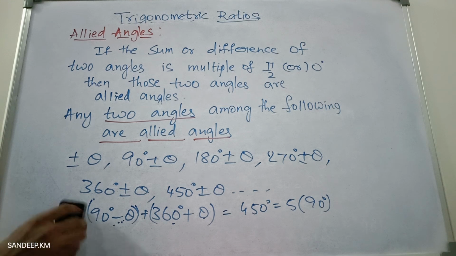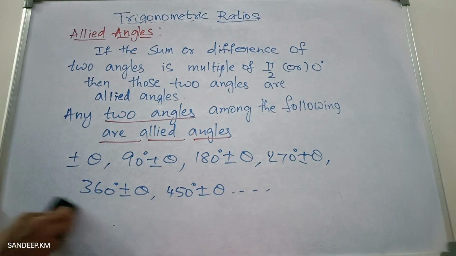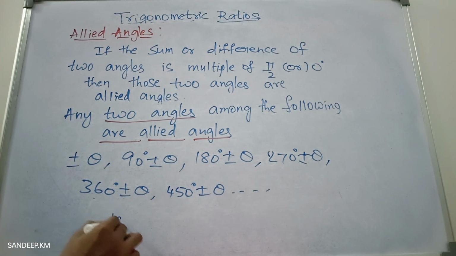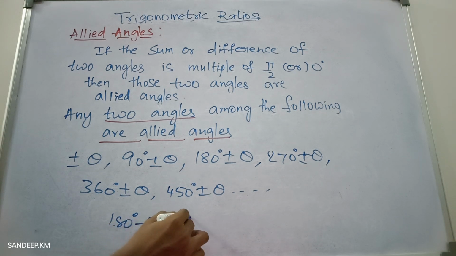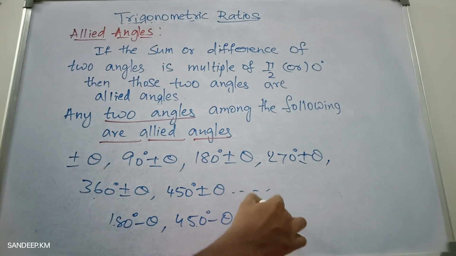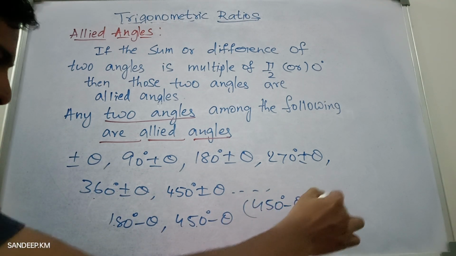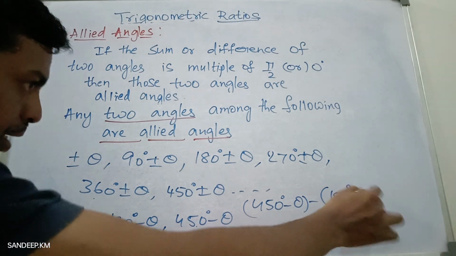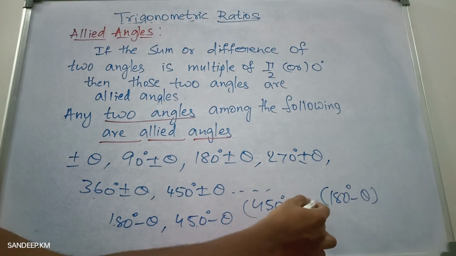If you want another example, let me take 180 minus theta and 450 degrees minus theta. In this case, if you add them, what do you get? Certainly you will not get a multiple of 90. Instead of adding, then what we have to do? Let me subtract and check. Let me find the difference. So find the larger angle minus smaller angle: 450 minus theta minus of 180 minus theta. So 450 minus 180.